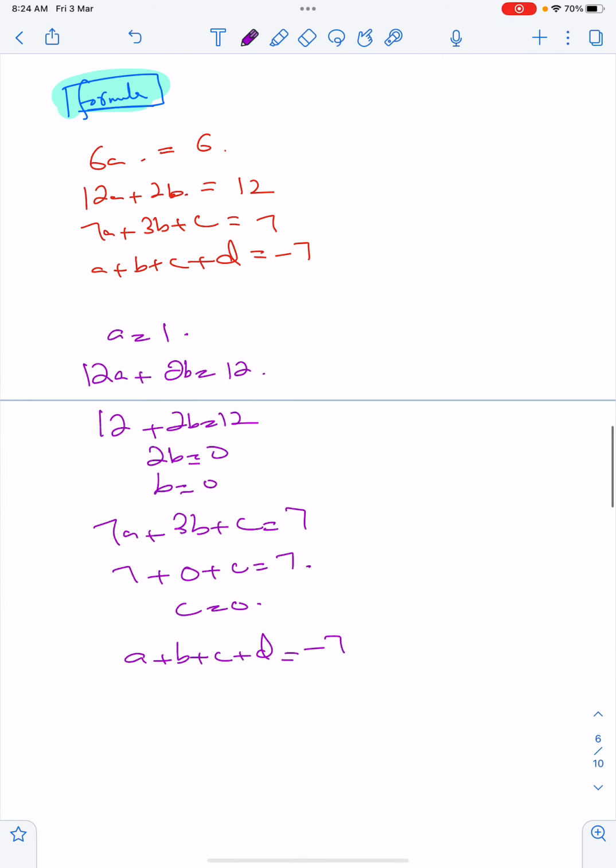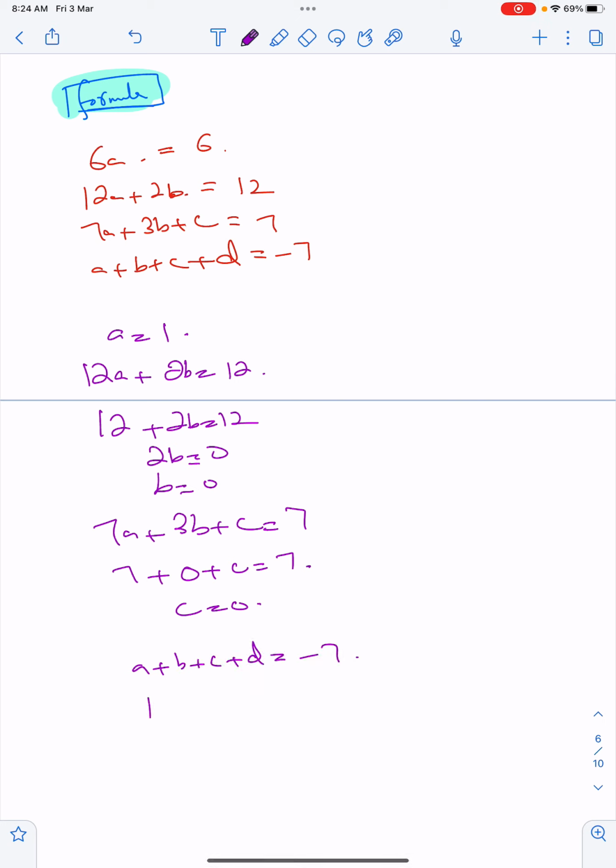Okay, I made a mistake here. The last expression was a plus b plus c plus d, to get the value of d.